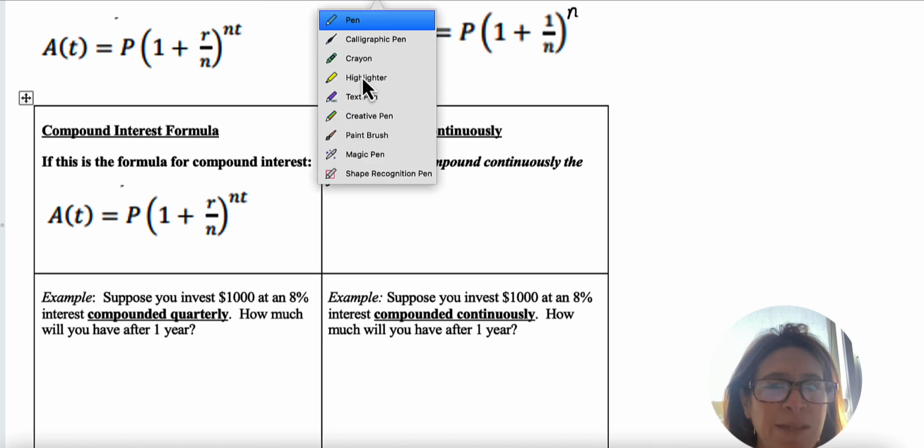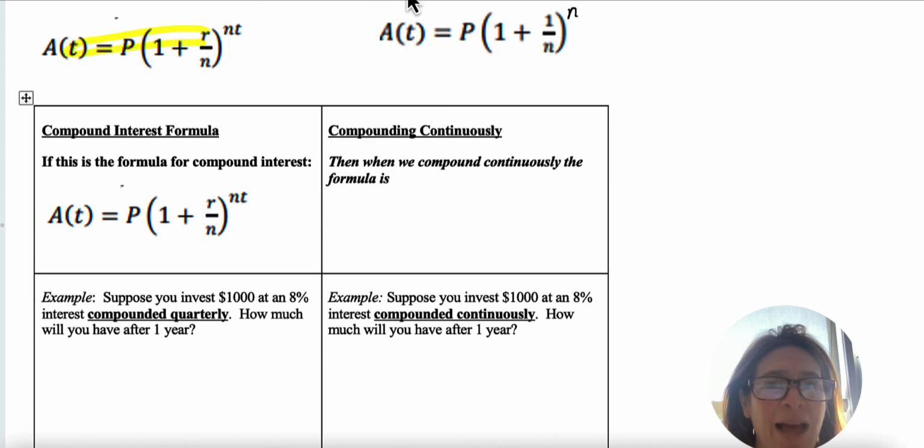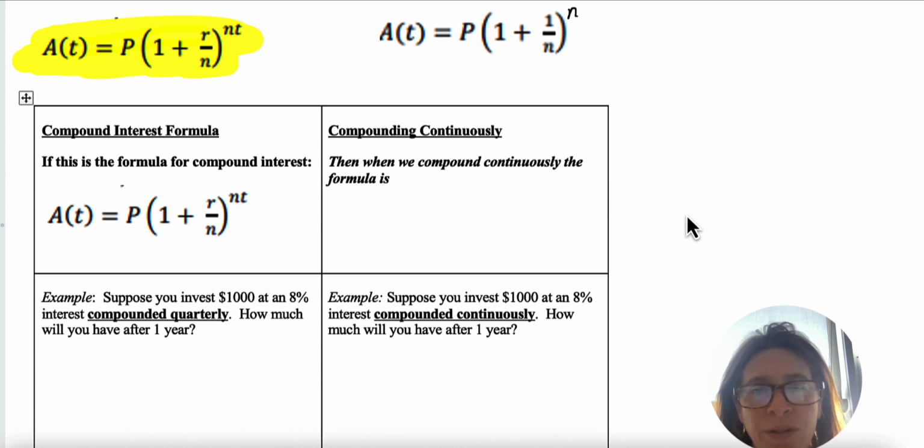We spent some time working on that in class. Let me just highlight it so you can see it. And I really want you to look at it deeply for a second and then think about what we learned when we looked at evaluating this expression over here, p times 1 plus 1 over n to the n.